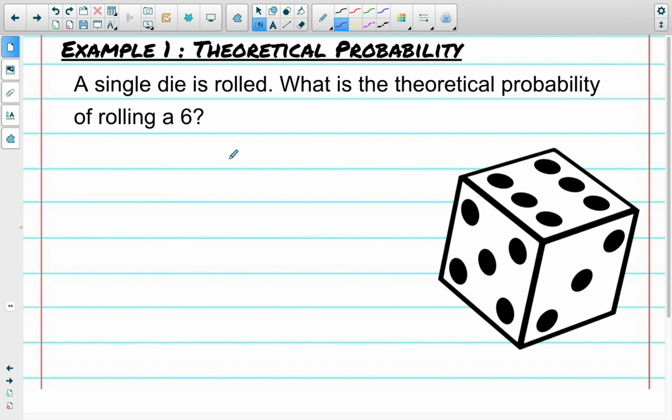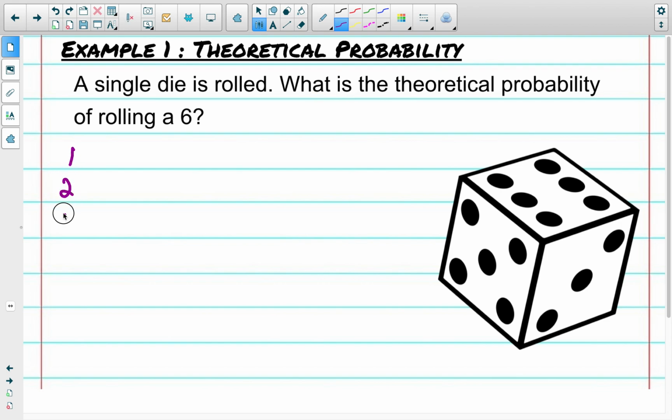Here's our first example with theoretical probability. A single die is rolled. What is the theoretical probability of rolling a 6? So if the world were perfect and all dice were weighted equally, we should roll a 6 the same number of times that we roll other numbers, right? So think about a die.